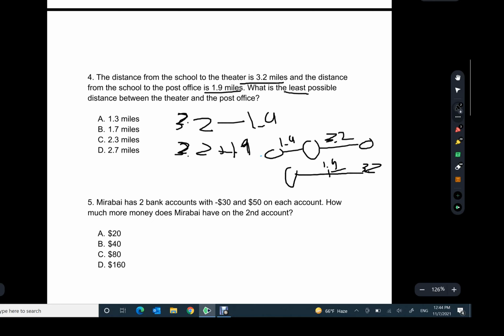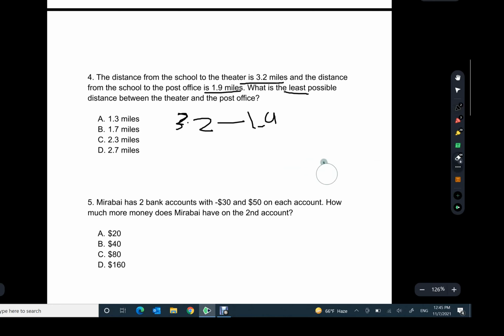So the distance between here and here is much less than the distance from here to here. That's just an explanation of the problem. But anyway, let's get on to solving this equation.